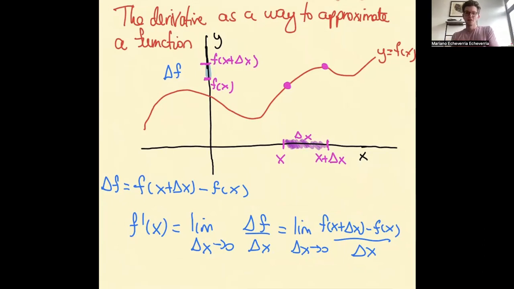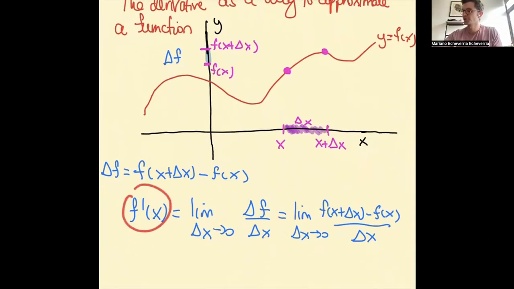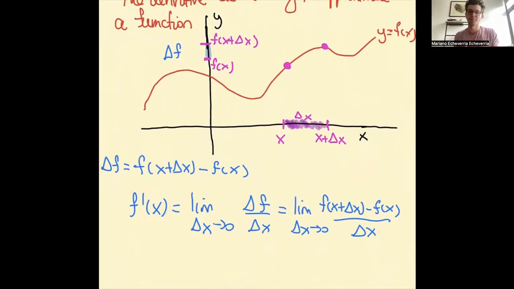Okay. So what does this mean? This means that once delta x is sufficiently small, this ratio should be a good approximation for the derivative. The idea of a limit is that as you get closer and closer to 0, this quantity will get closer and closer to what the limit is supposed to be.